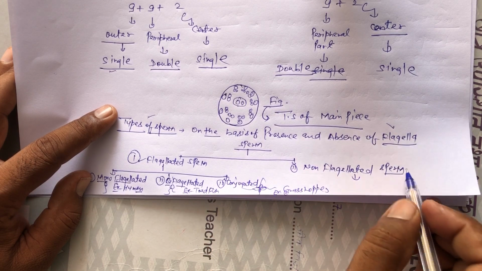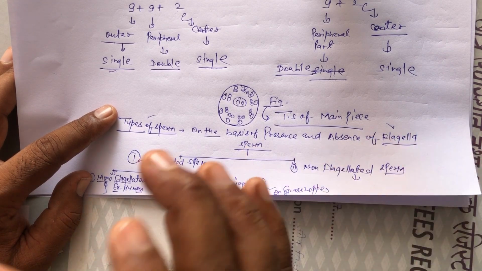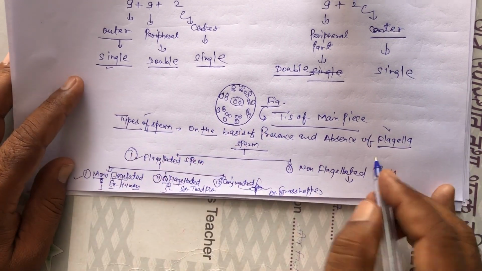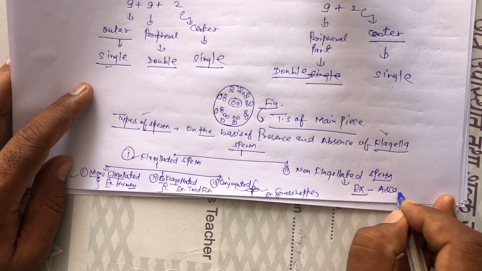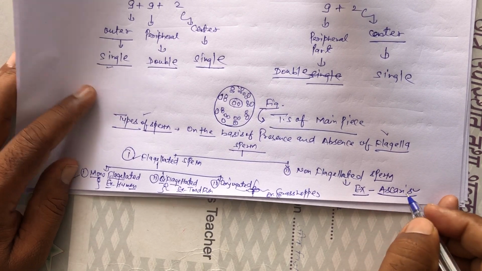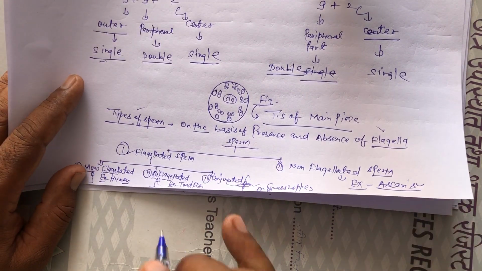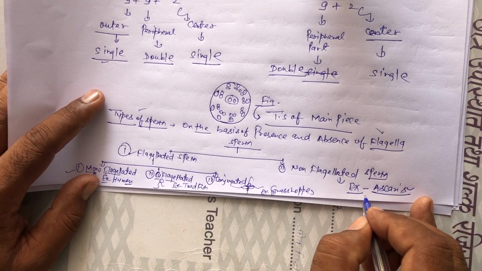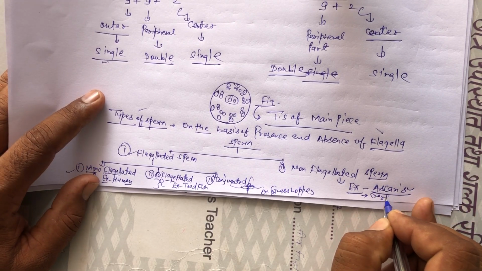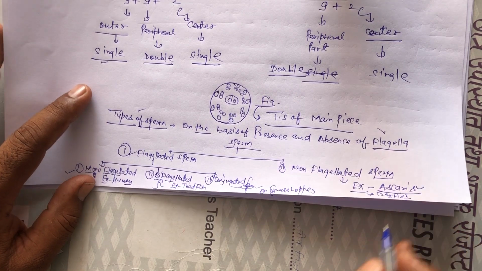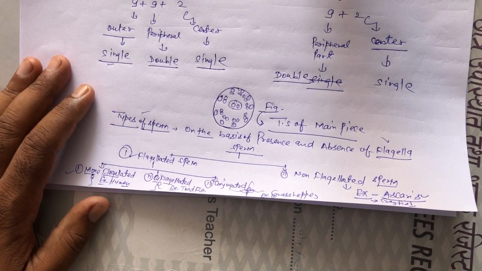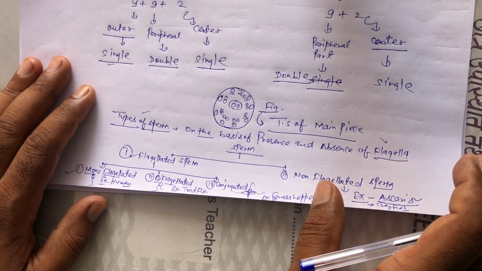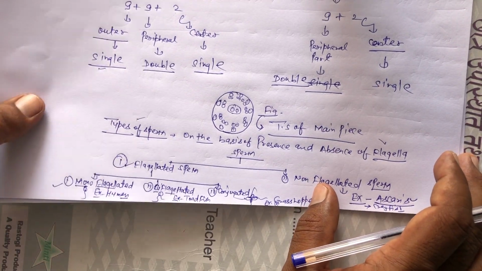Next, non-flagellated sperm means the locomotory structure, flagella, is absent. For example, Ascaris, included in the phylum Helminthes, and second, crayfish. Ascaris and crayfish sperm show movement by amoeboid movement.